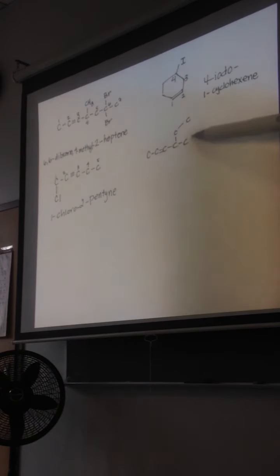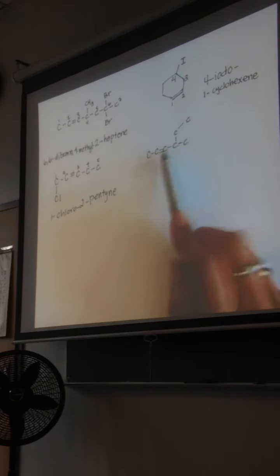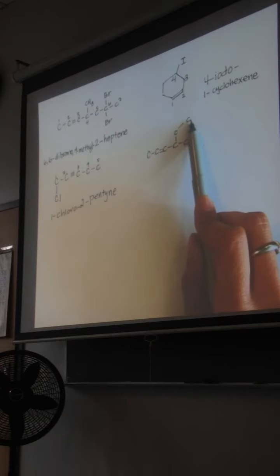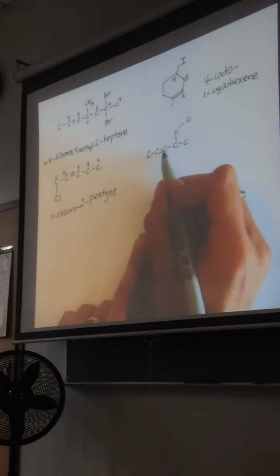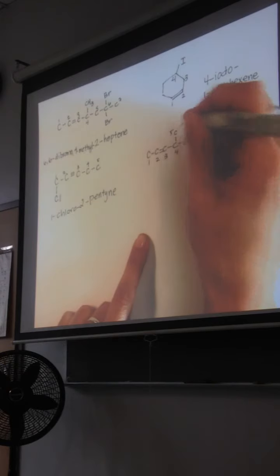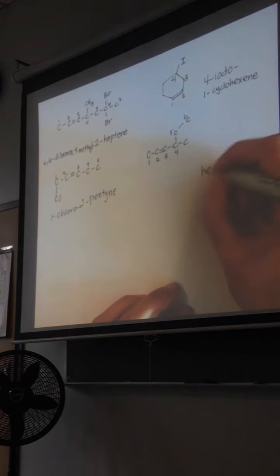Now this one, I'm giving it to you like this because on the test, for sure, I will draw it crooked. Okay, nobody thought this was a 5 chain, right? It's 1, 2, 3, 4, 5, 6. Regardless of how I draw it, you have to count the longest carbon chain. So it's 1, 2, 3, 4, 5, 6 this way, so I can get the lower number here. 6 is hexane, but because there's a double bond, it's hexene.